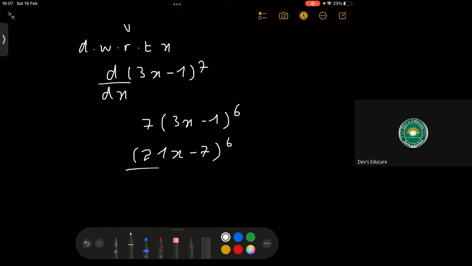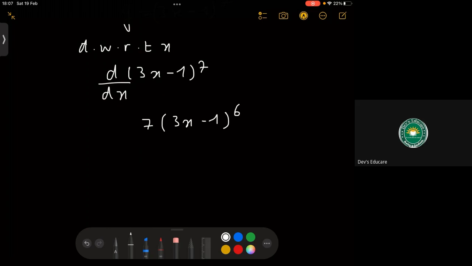No, no, no, that won't be there. Sujal, what we have to do, it will be 7 times (3x minus 1) to the power 6. That's correct. But multiply it with the derivative of 3x minus 1.